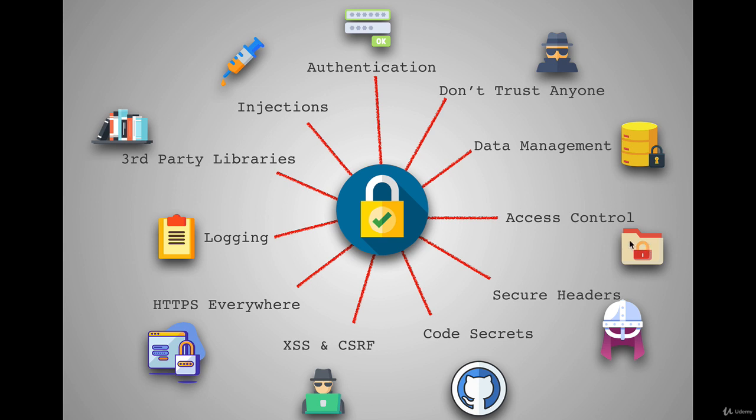Let's talk about access control. Access control is having restrictions on what authenticated users are allowed to do or not. So this is something that happens after you've given authentication. That is, we know the user, but what do they have access to?